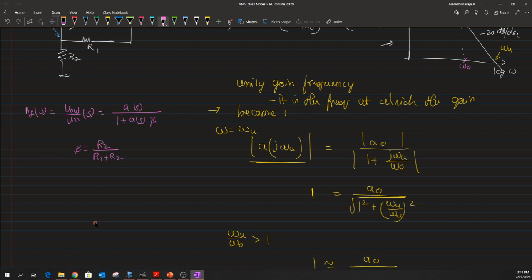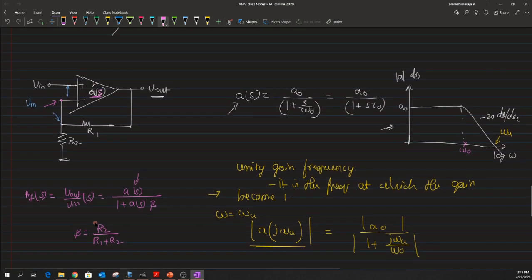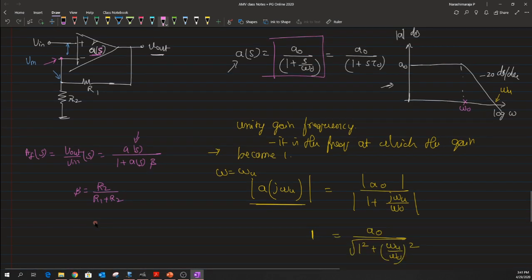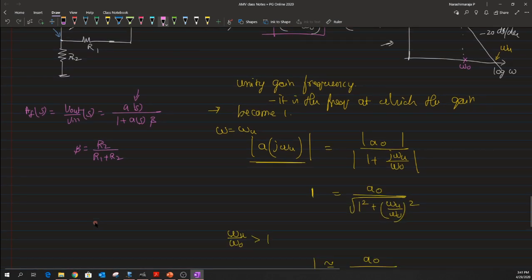Let us resubstitute this A of s expression with the quantity that has been written here. When we resubstitute, it becomes A naught divided by 1 plus s by omega naught, divided by 1 plus A naught over 1 plus s by omega naught, into beta.